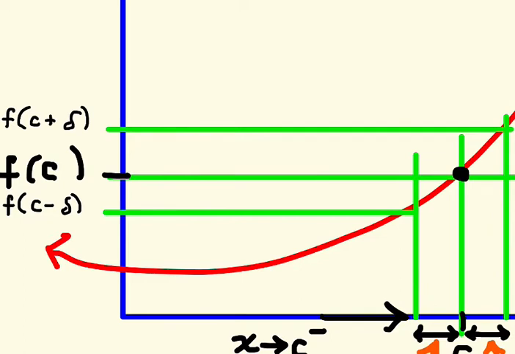The limit is L, and the limit is the height that we are approaching at x equals c. In this particular case, the point does exist, so the limit is f of c, but it's not always f of c, because I could have a hole at c, f of c.